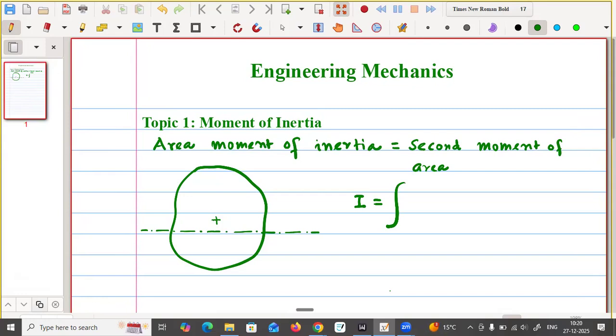As you know, say for example, this is some x-axis. So we write Ixx equals the integral of y square dA, integrated over the area. What is y? If I take any elemental area dA, then the distance of this element from the axis is y.